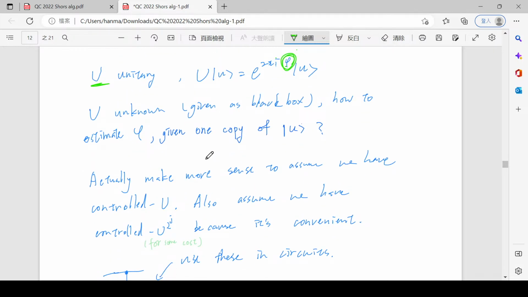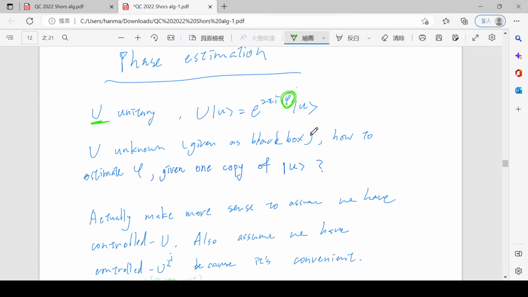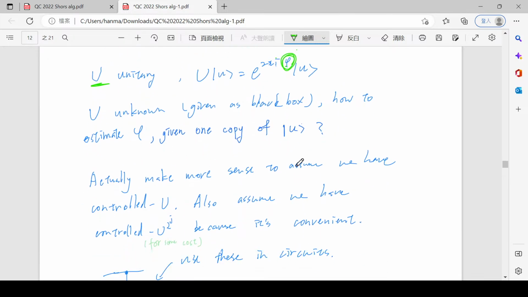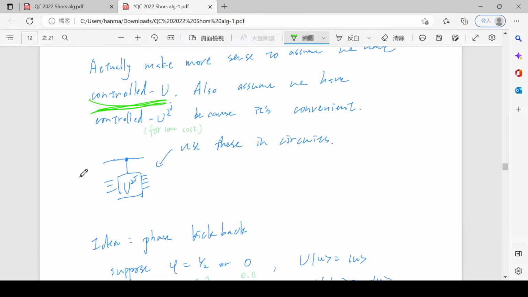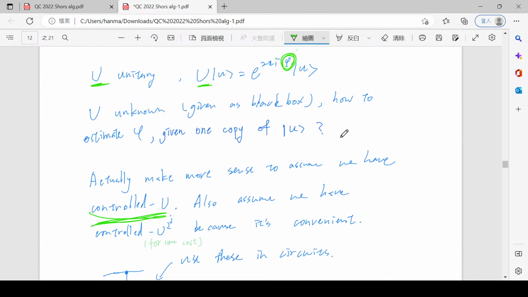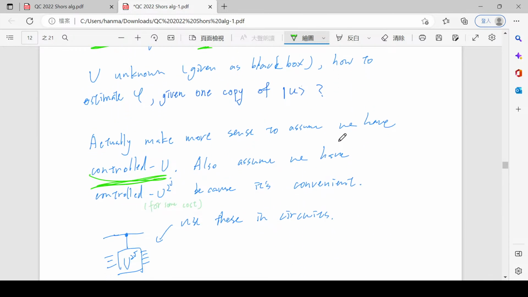Before that, let's say some caveats. We say that we are given this U, but what we actually need is controlled-U. So we are going to get a whole bunch of controlled-U black boxes. And if we want to do this very efficiently, we actually need more than controlled-U.